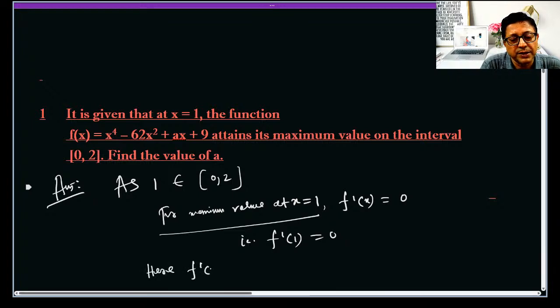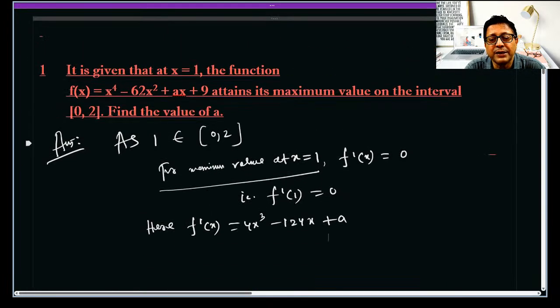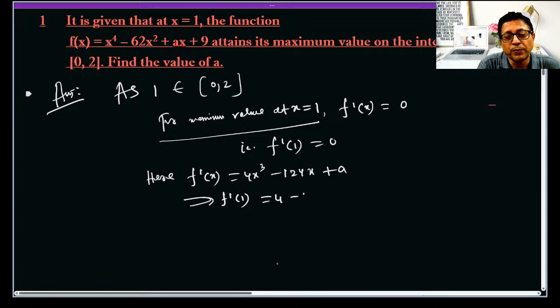Here f dash x is 4x cube minus 124x plus a. So find f dash 1 over there. F dash 1 will be 4 minus 124 plus a, this thing equal to 0.